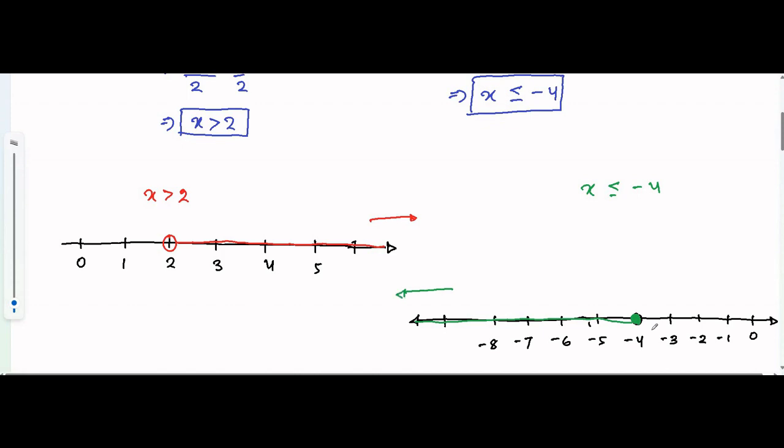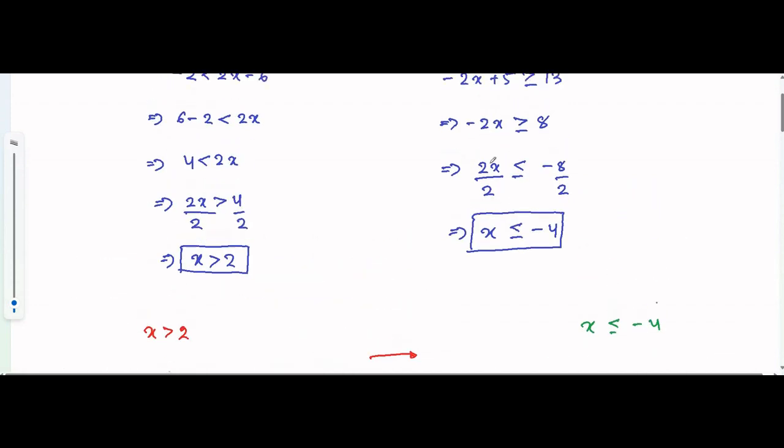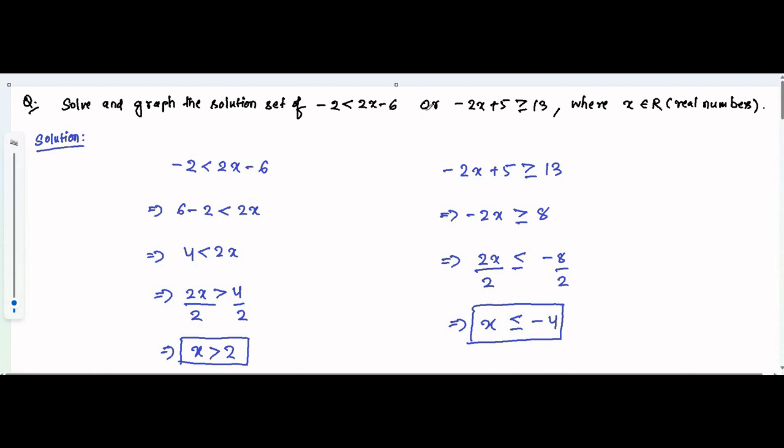Now if we talk about this OR part, the solution of this or the solution of this, we have to include, let's say we draw all of them on the same number line, so it will be a big number line.